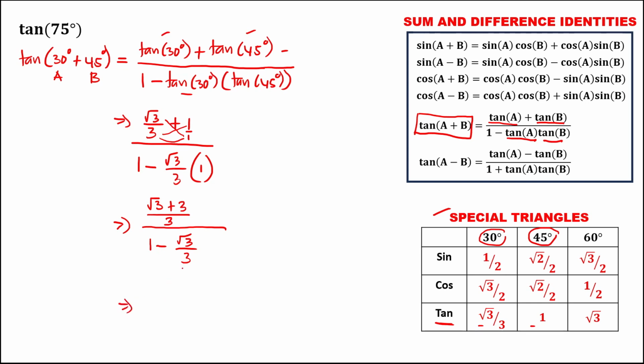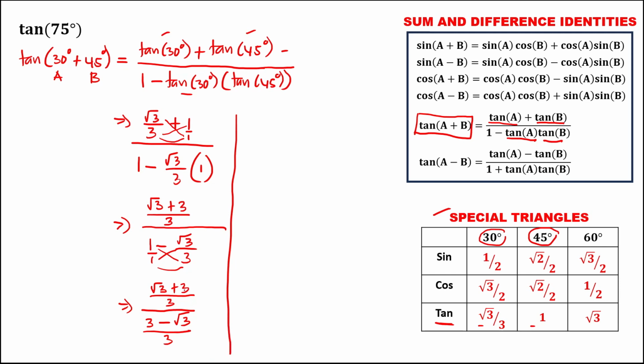Then apply the butterfly method for this denominator. Copy the numerator, so square root of 3 plus 3, over 3, then all over. Apply butterfly method. Multiply, this is 3 minus square root of 3, over 3.